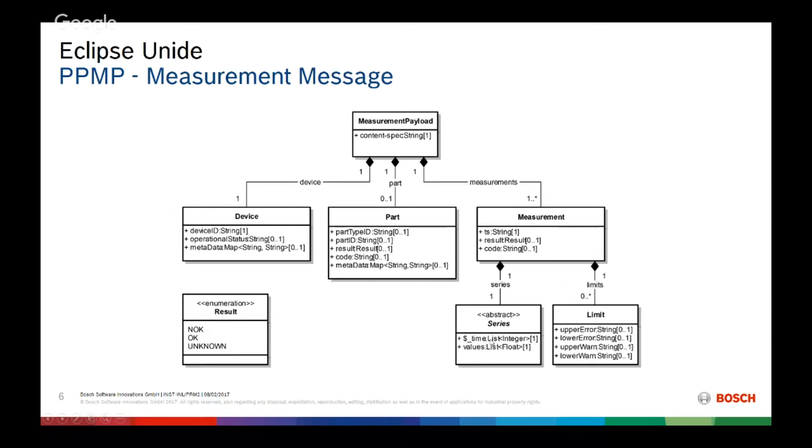So if you want to transport three measurement values which have an interval of maybe 50 milliseconds each, then you will set a $time array with 0, 50, and 100, and also the values related to this offset value individually.